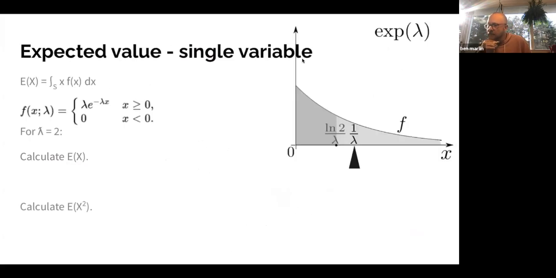Then this other bit here is that we should talk about the expected value or the average for a function. If we're talking about a single variable, all we mean by the average is that you take the function, multiply it by the probability distribution, and then integrate over your support. You've actually done this before.